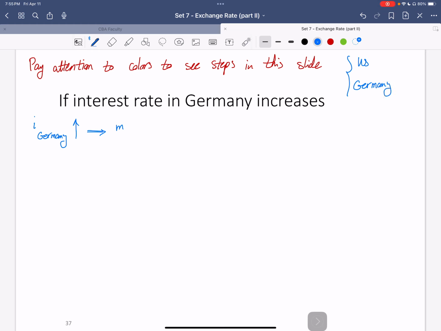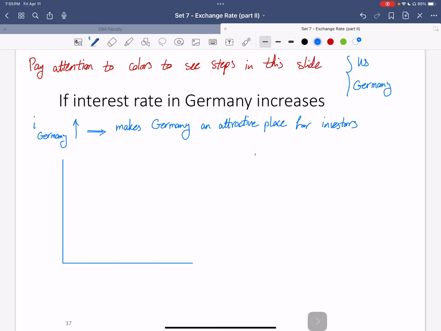Let's say that interest rate in Germany increases. It makes Germany a good destination for the investors, an attractive place for investors. Okay, now let's see that on the graph.